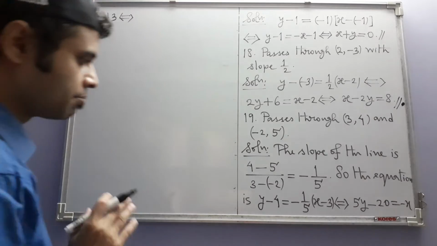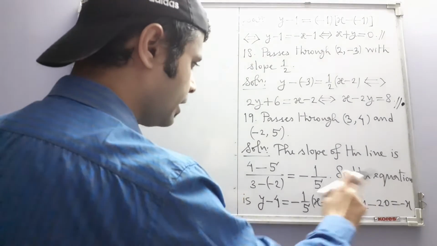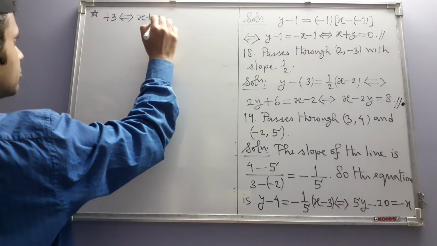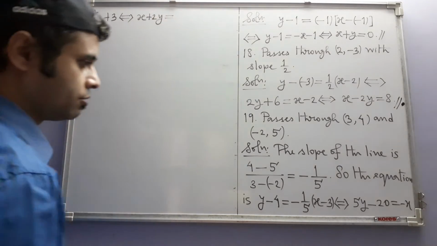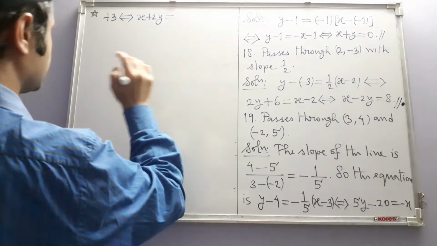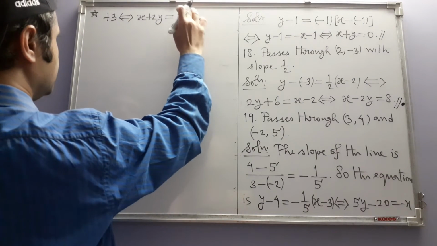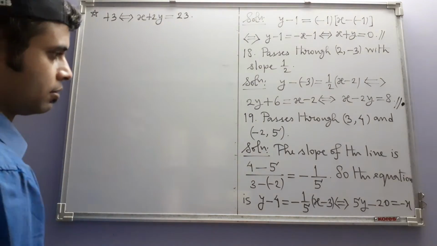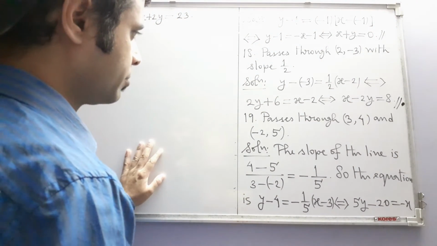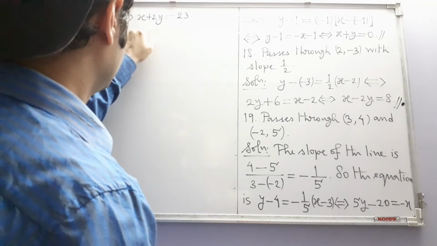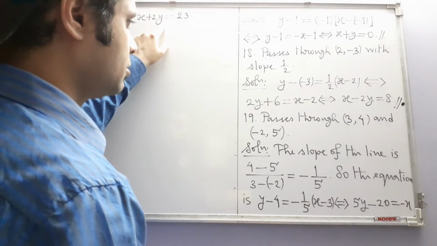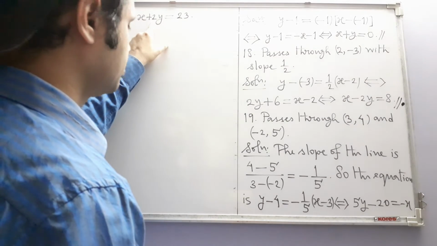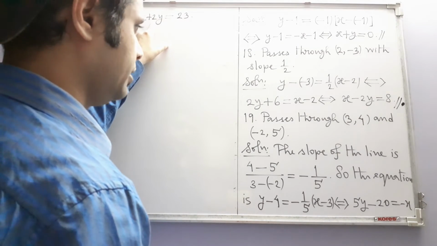Which further simplifies to what? x plus 2y equal to, if we take minus 20 on that side, it will be 23. Okay. So if we put y equal to 4, then we get 8.